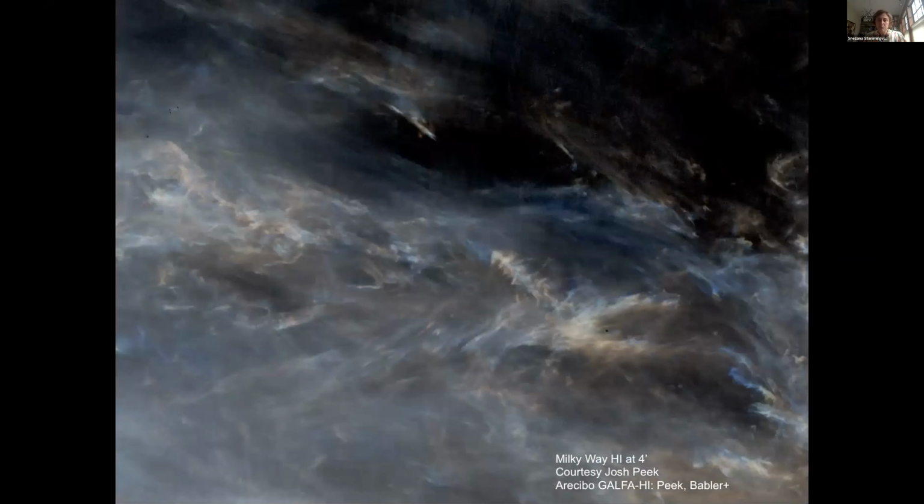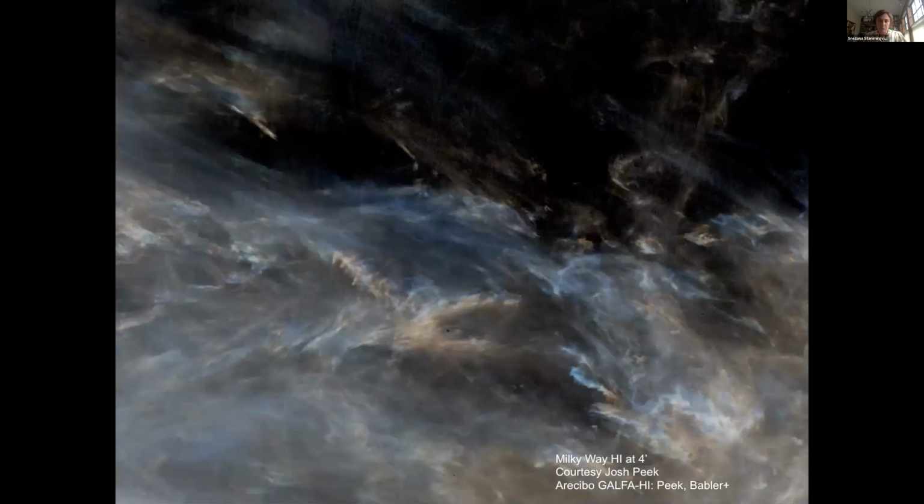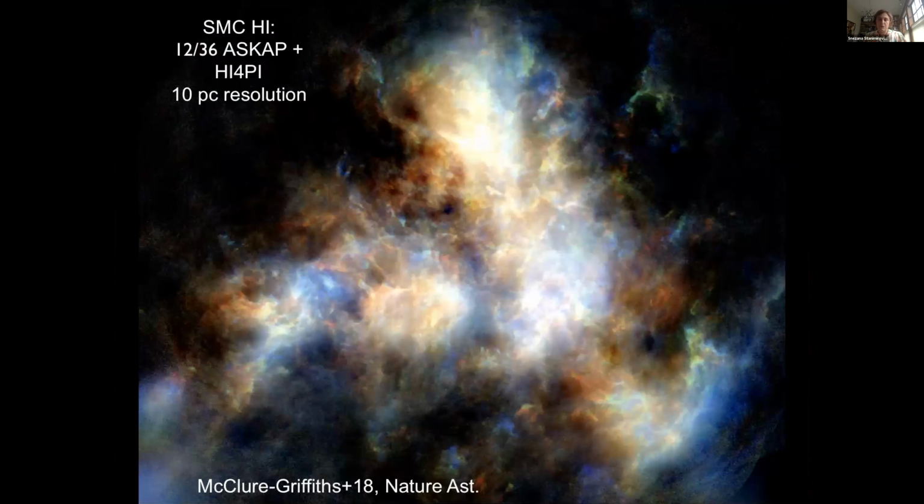So let me move on and show you another beautiful picture, which is 21 centimeter line emission from the Small Magellanic Cloud, one of our closest neighbors. And this image was obtained with a very new telescope in Australia. This telescope is called ASKAP. And so this particular image was obtained essentially with only 1/3 of the interferometer.